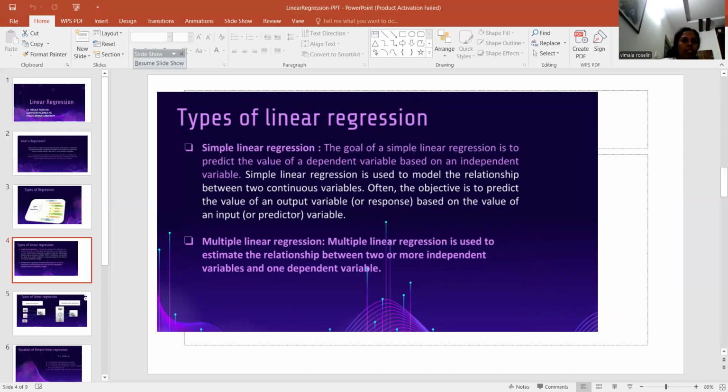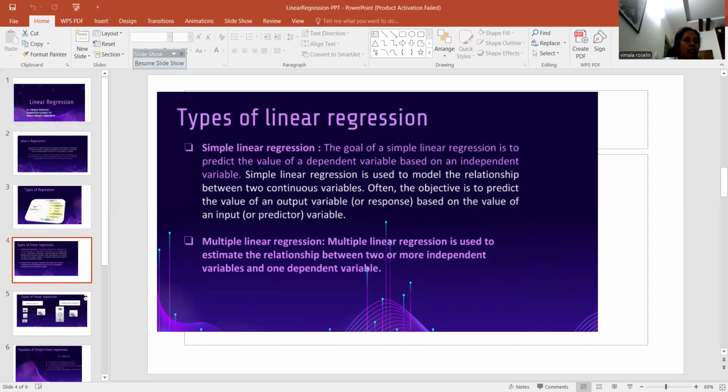Simple linear regression is used to predict the values of the dependent variable based on the independent variable. It is used to model the relation between two continuous variables. Here the dependent and independent variables are both given. Once the independent variable increases, the dependent value also increases. For example, if one pen costs 5 rupees, then 10 pens cost 50 rupees.